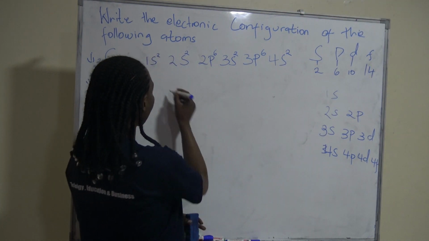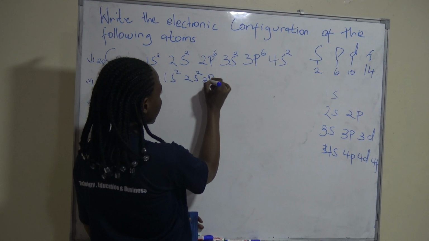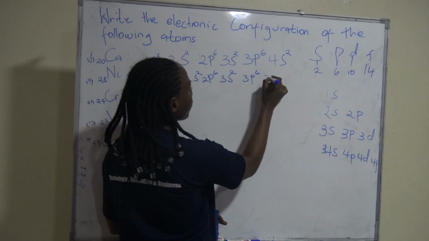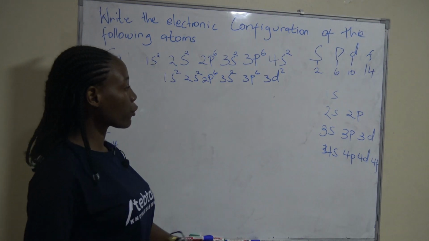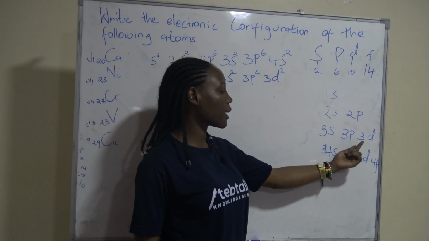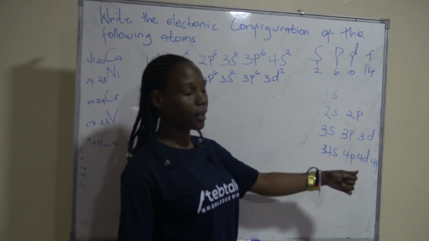The initial one would have been 1s2, 2s2, 2p6, 3s2, 3p6, 3d2. But Aufbau told us that from his experiments he realized that there is an overlap of the energy levels.